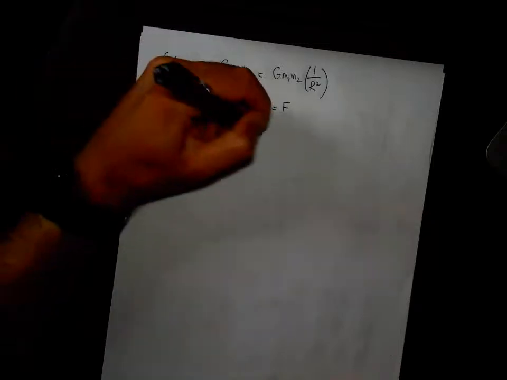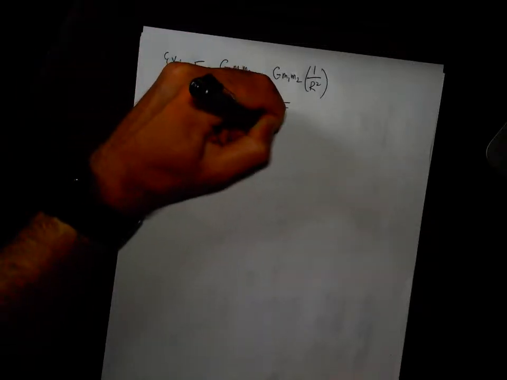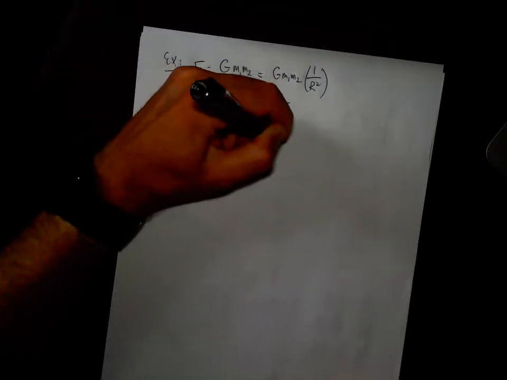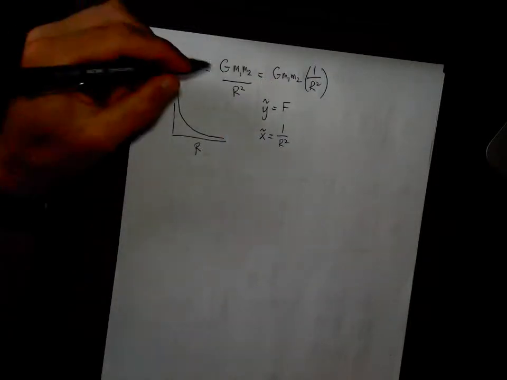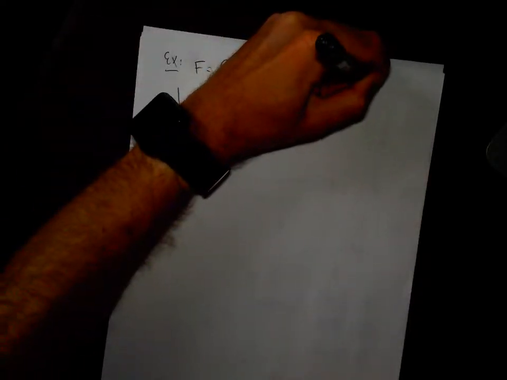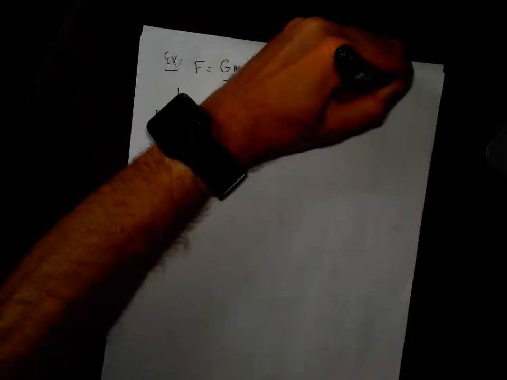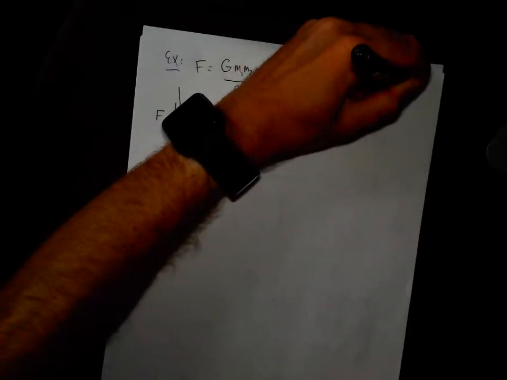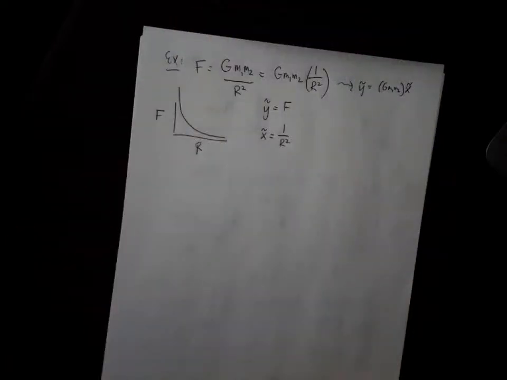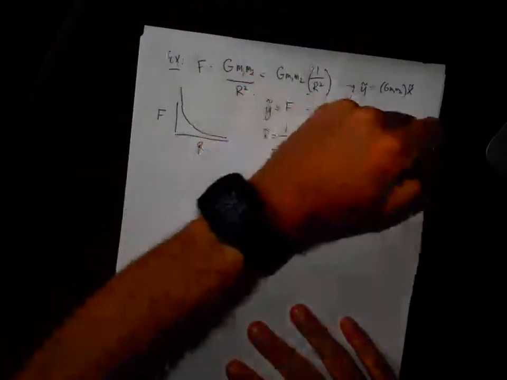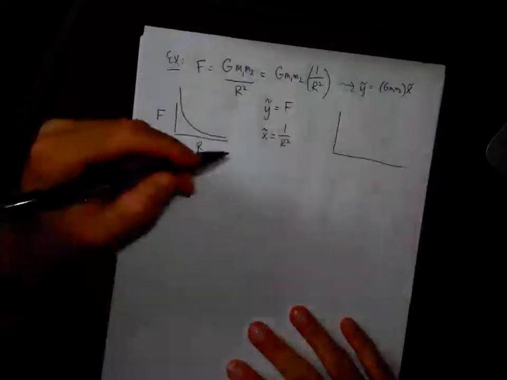And what if I let x squiggle be 1/r²? In that case, my equation would become y squiggle = G m1 m2 times x squiggle. That's the equation of a line. So I've taken something that doesn't look like a straight line and I've turned it into a straight line.